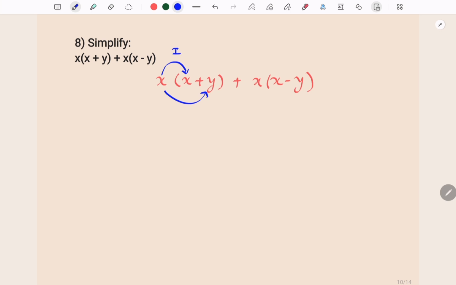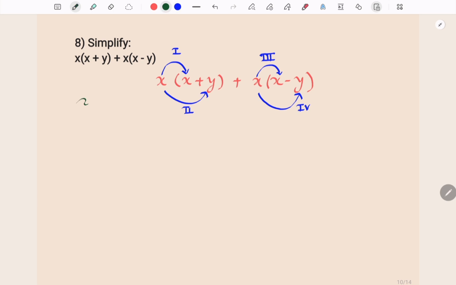Let's call this the first multiplication and this one the second multiplication. In the same way here, x would be multiplied by x and x would be multiplied by minus y. Let me call this the third multiplication and this one is the fourth.